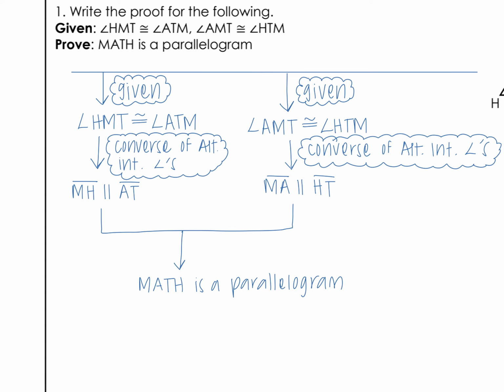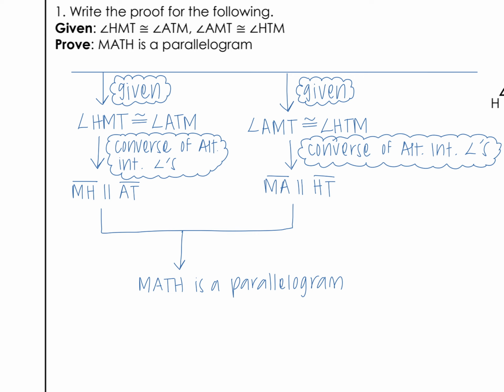You can write out specifically that both pairs of opposite sides are parallel. Or since technically that is the definition of a parallelogram, you could use that as your reason. But a lot of people just start using definition of parallelogram for everything, so I'm going to be specific in writing out exactly what I'm doing for my reason.